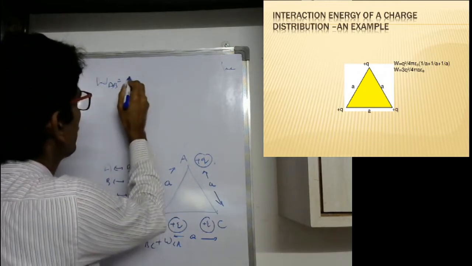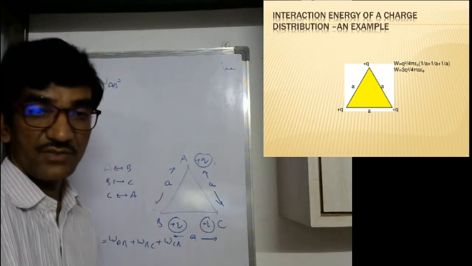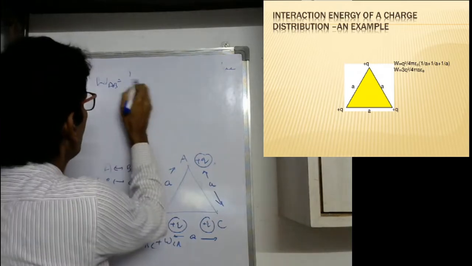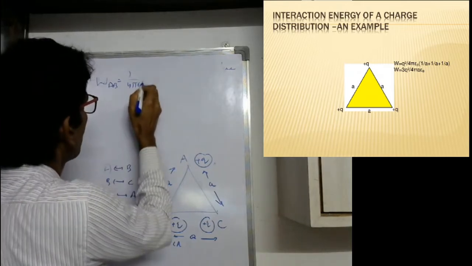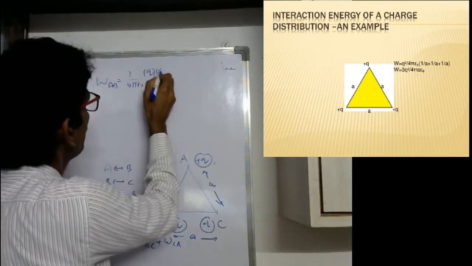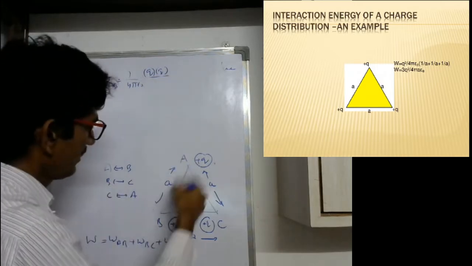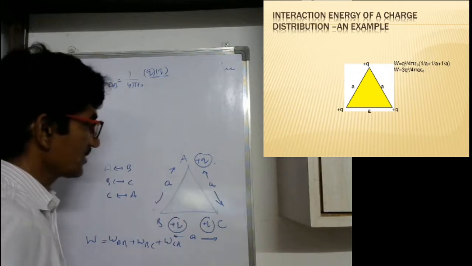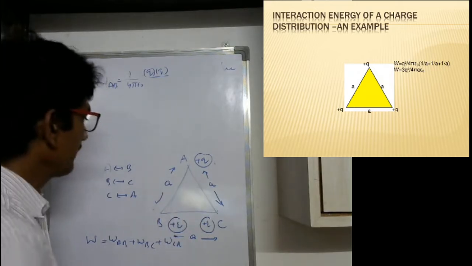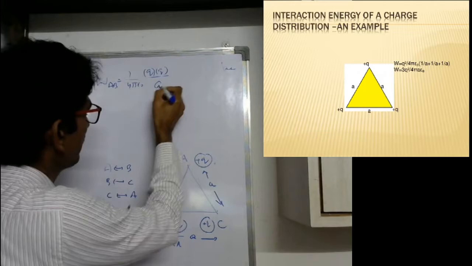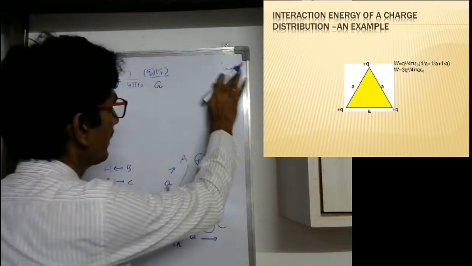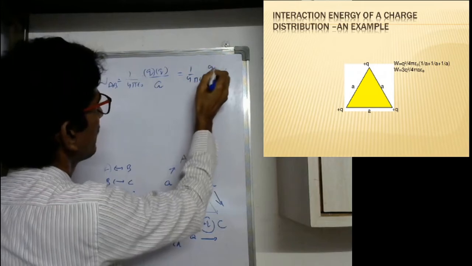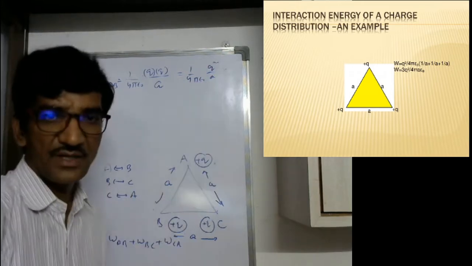WAB is equal to, you know the formula for the interaction energy of the two charge system, 1 by 4 pi epsilon naught q into q by a. We were calculating the interaction energy of the system of two charges located at A and B. Now this distance is a, therefore we write a here. This is equal to 1 by 4 pi epsilon naught q square by a.